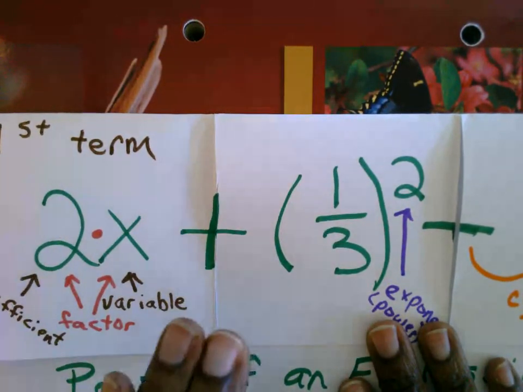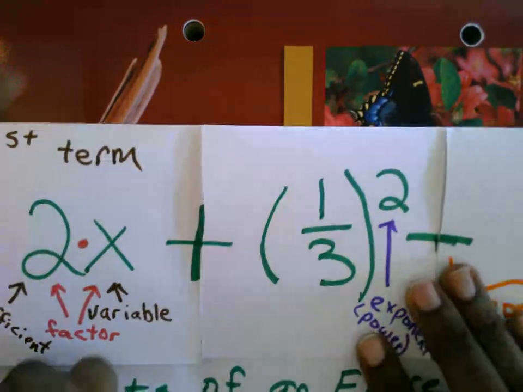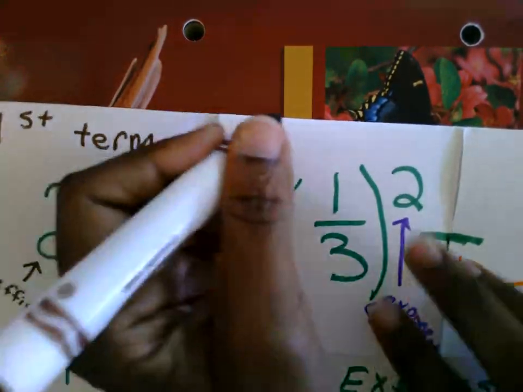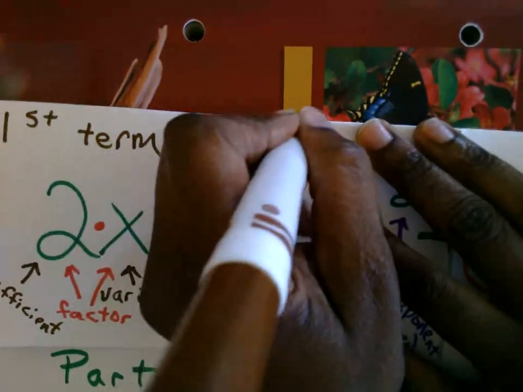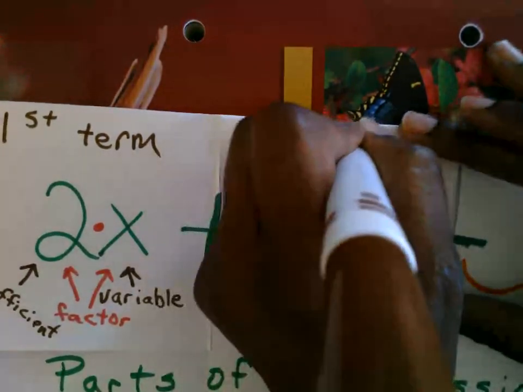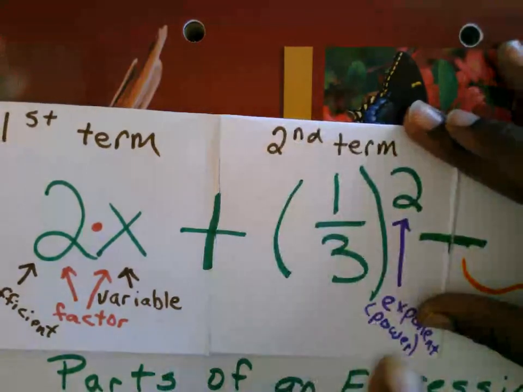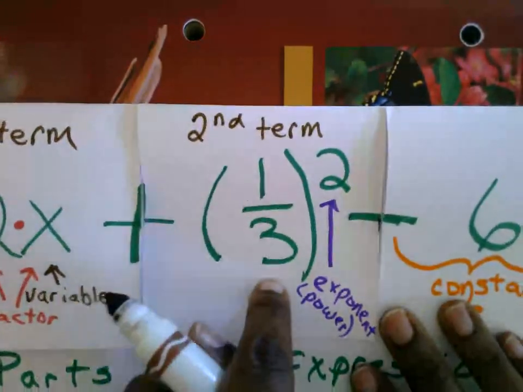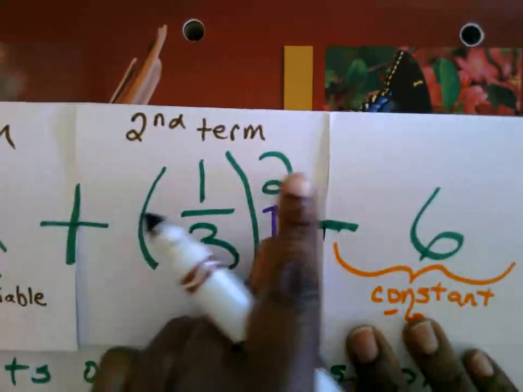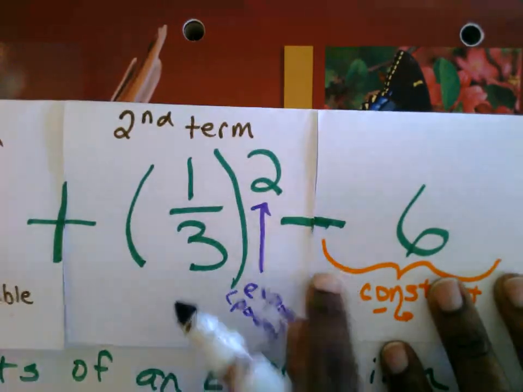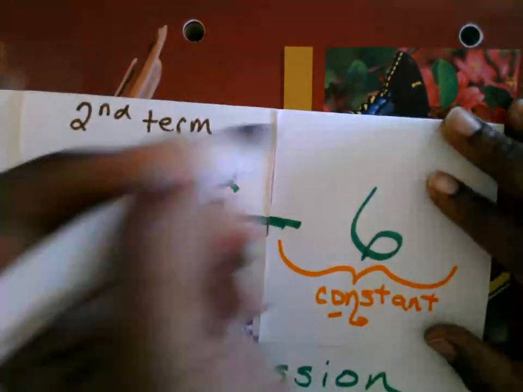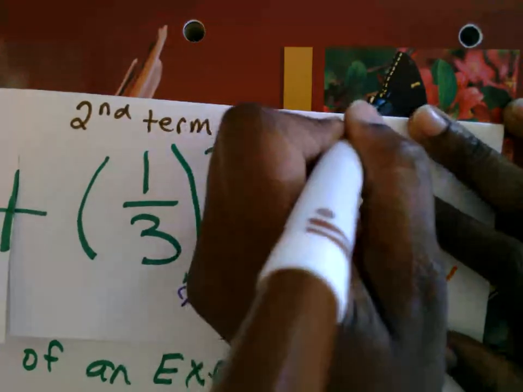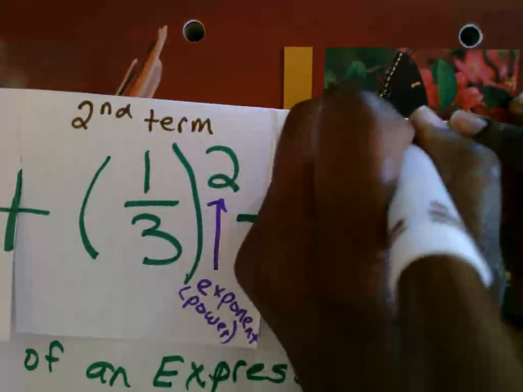It is separated by a plus sign from (1/3) squared. (1/3) squared is the second term. It is separated with a minus sign from the third term, which is a constant, -6.